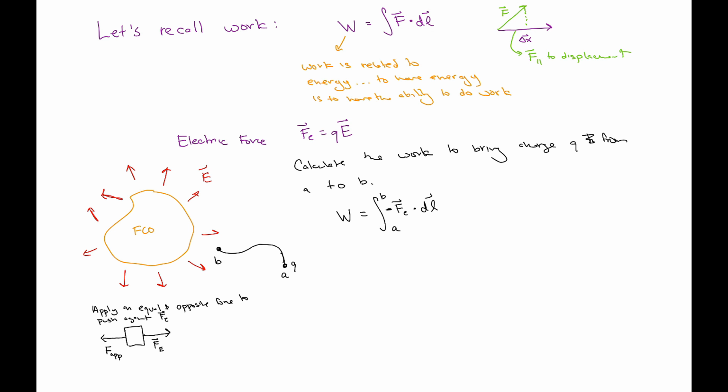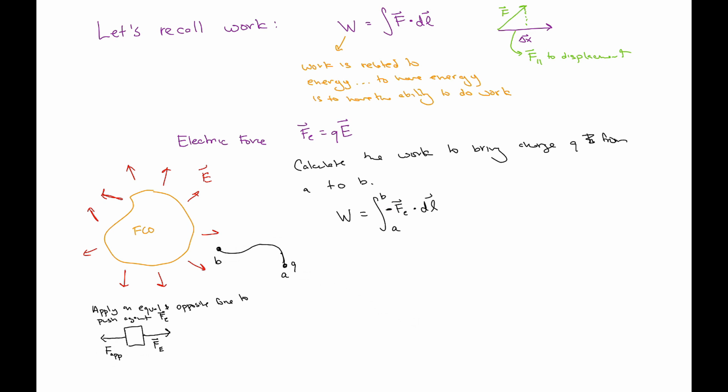So if I'm moving, say, a positive charge in the direction it doesn't want to go, it would rather flow away from this other charged object, because the way I've drawn the electric field lines, it's obvious that it's positive, but I'm going to push it in from A to B. That means I've got to apply a force that's going to cancel out the force that the charge feels in the opposite direction. So that's why there's that negative there.